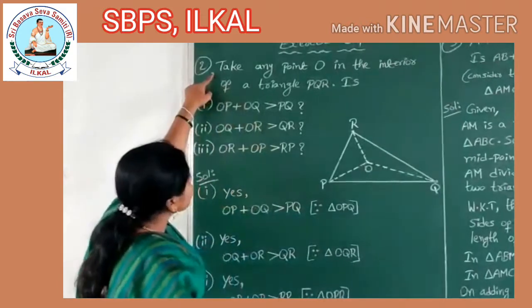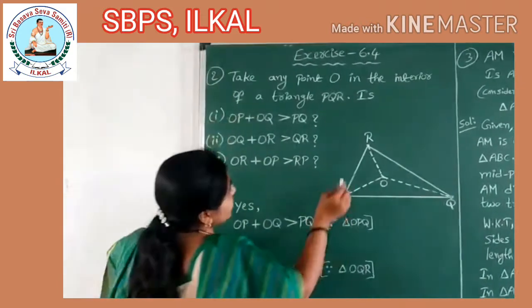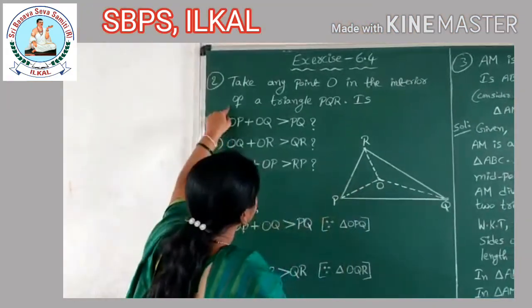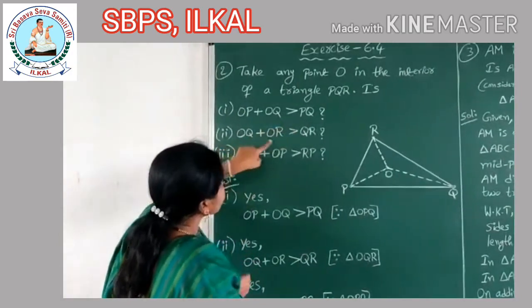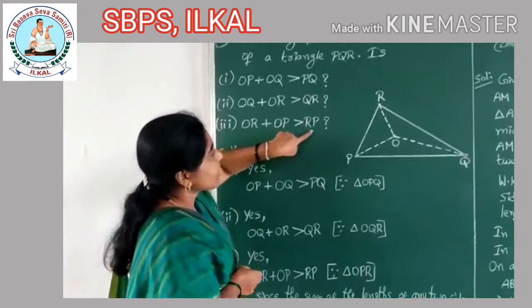The given question: take any point O in the interior of a triangle PQR. They told us to take any one point in its interior. Then is OP plus OQ greater than PQ? Is OQ plus OR greater than QR? Is OR plus OP greater than RP? they asked.